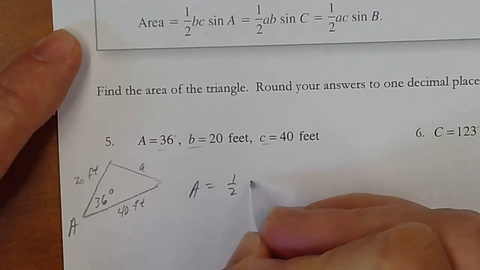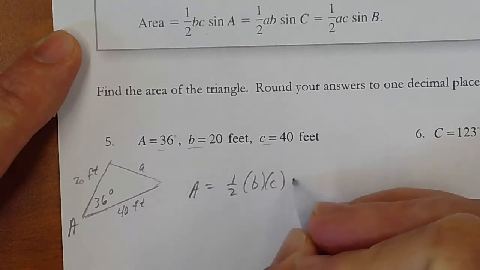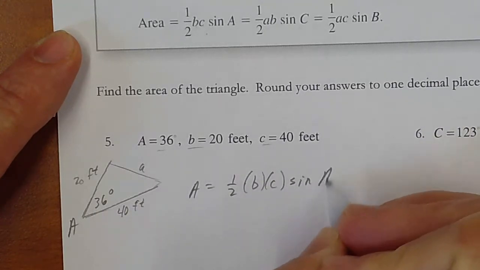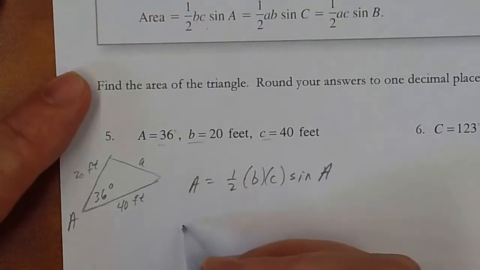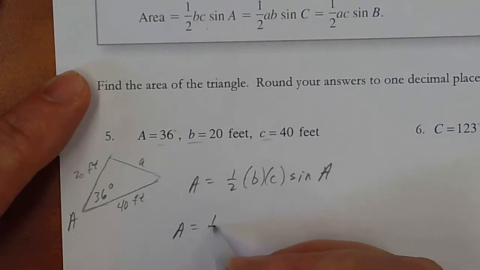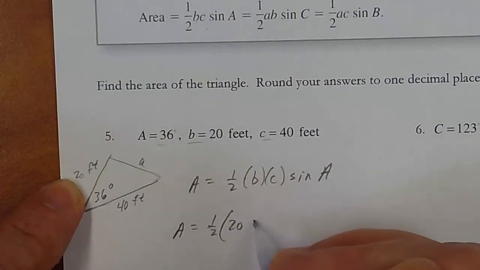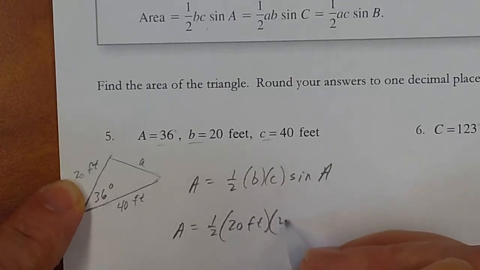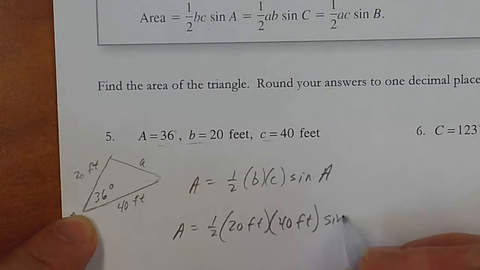It's 1/2 times the two sides times the sine of the included angle. It always follows that pattern. So it's pretty easy to do. So 1/2 times 20 feet times 40 feet times the sine of the included angle.